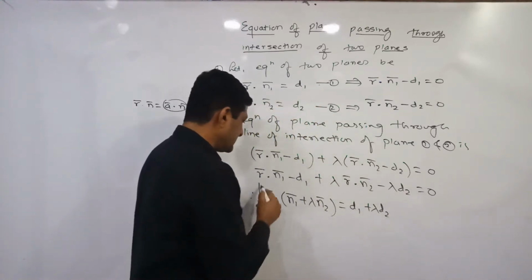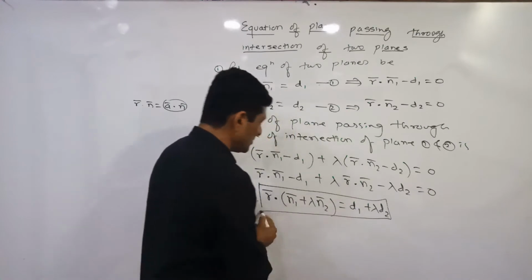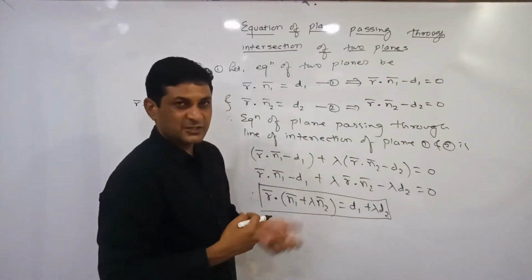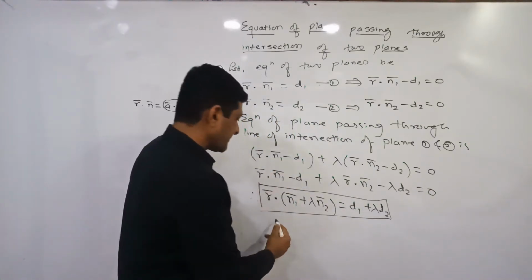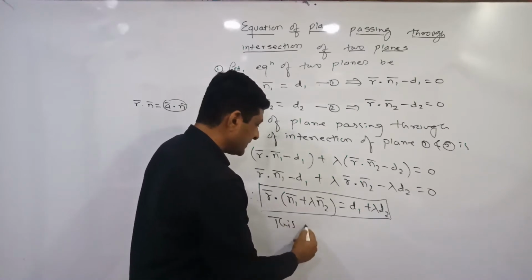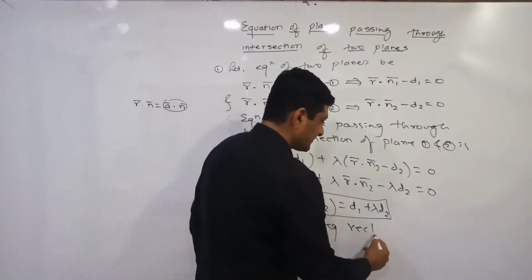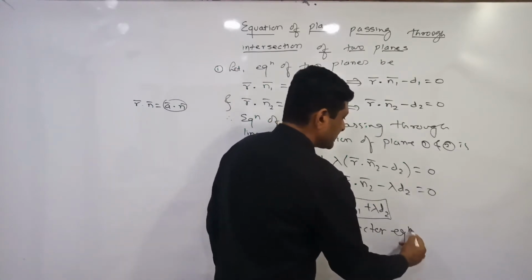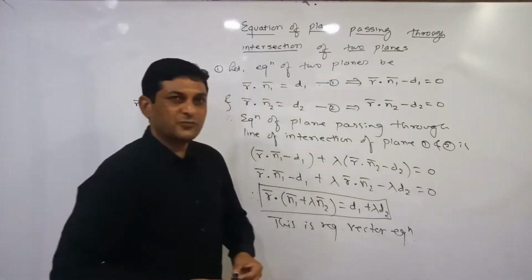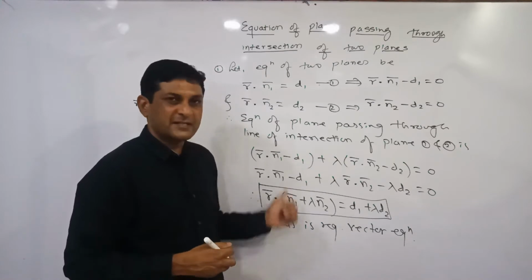And this formula is applicable to find the equation of the plane passing through the intersection of two planes. So this is the required vector equation.